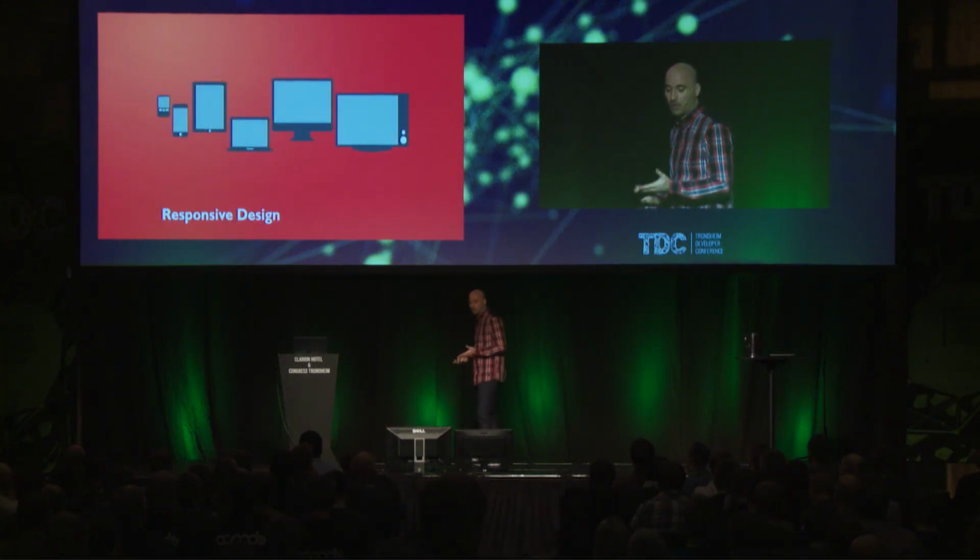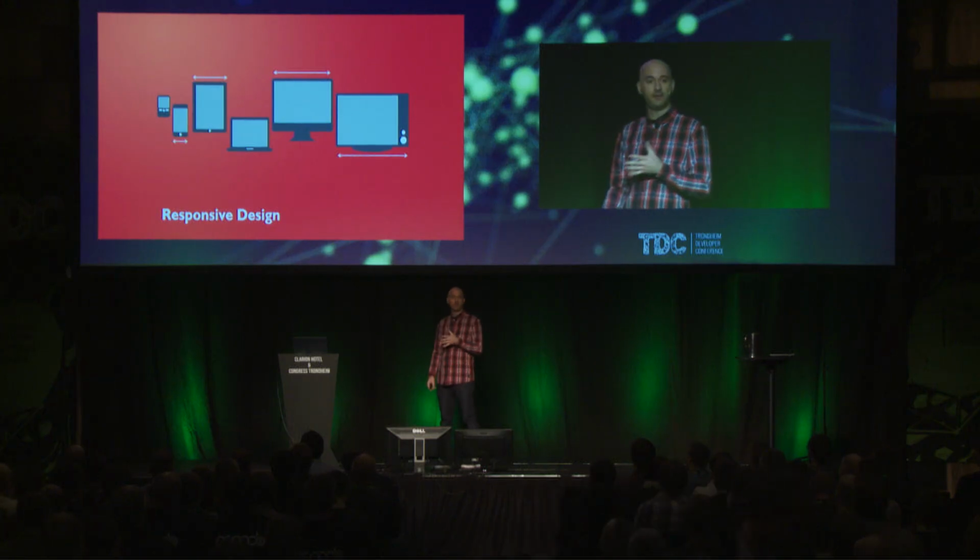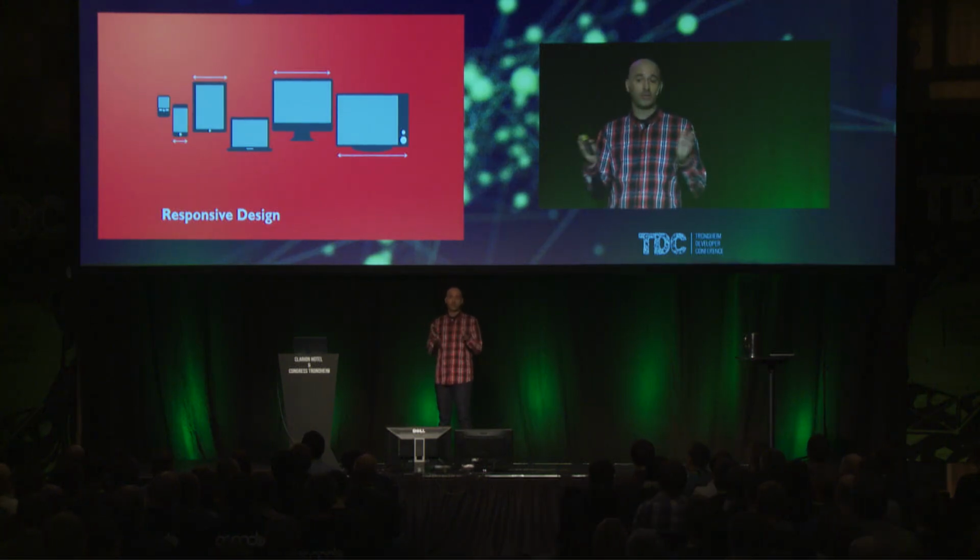So, in other words, responsive design means that the interface changes according to the screen size and resolution. But adaptive design means that the interface and the experience change based on the individual user, based on the context of use.